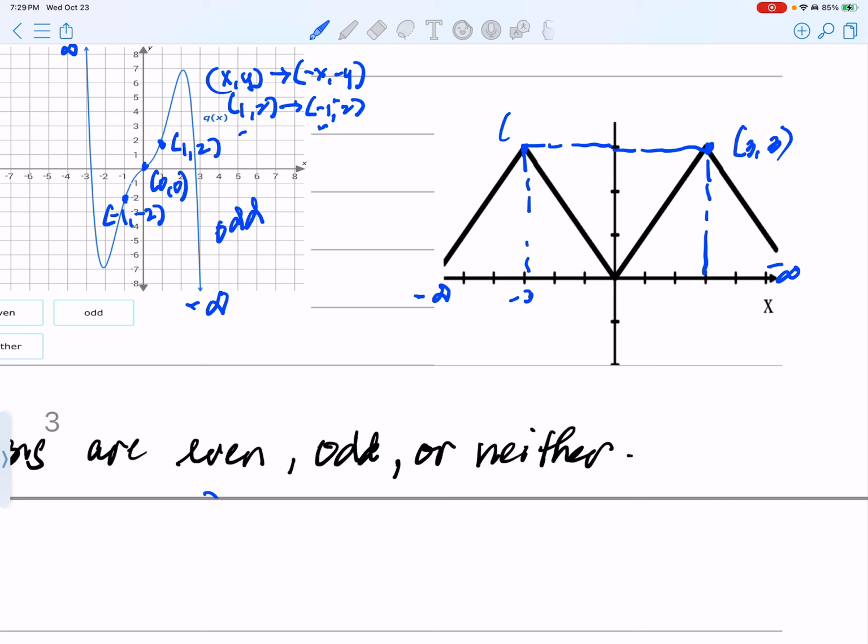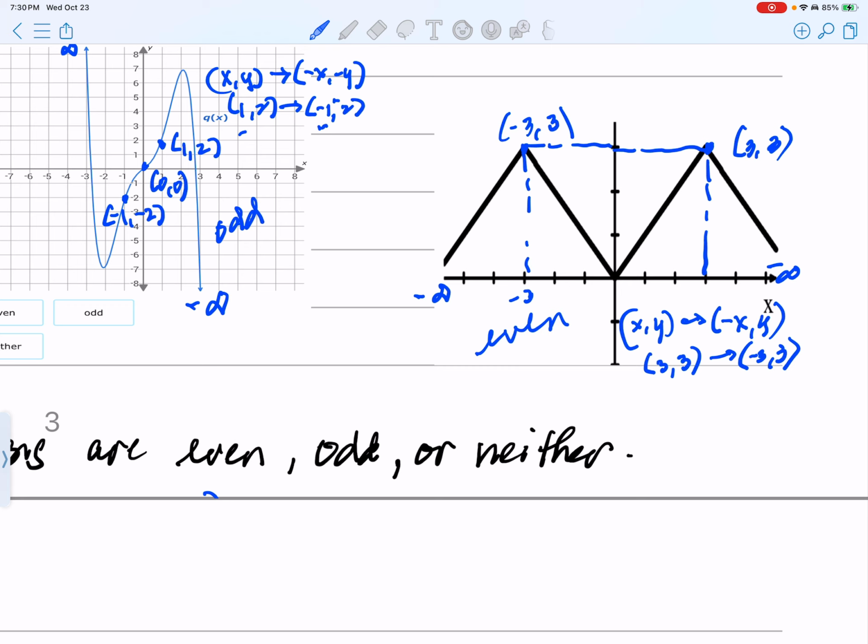So the coordinates here are (-3, 3). Does this answer with the rules of (x, y)? When you map it, it should be (-x, y). So if our (x, y) is (3, 3), that would be (-3, 3). So this is an even function.